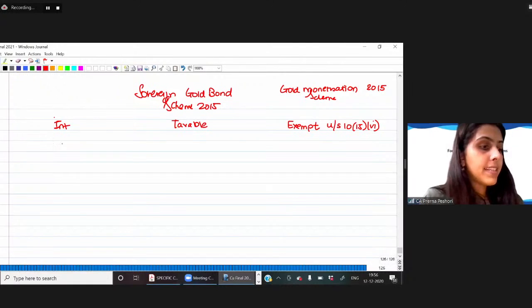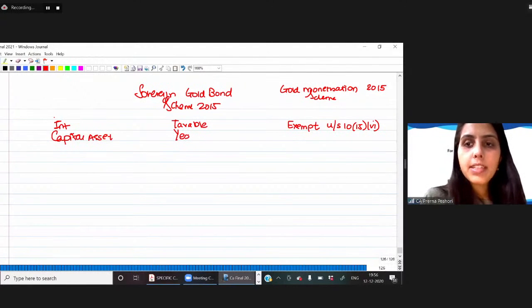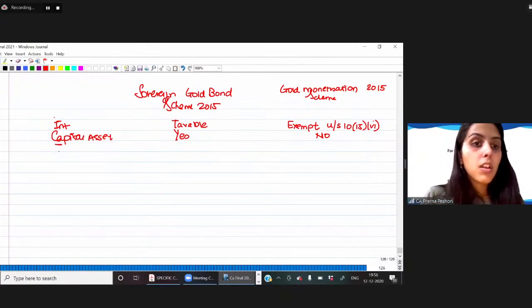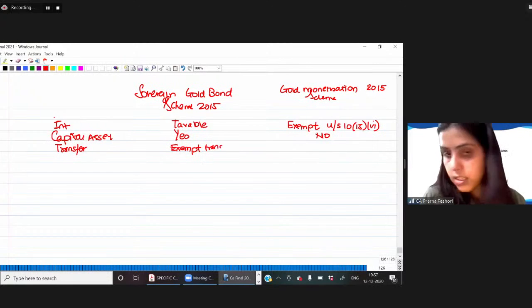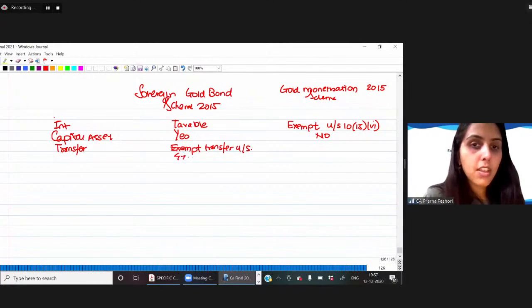The sovereign gold bond is treated as a capital asset, whereas the gold monetization scheme is not treated as a capital asset itself. Transfer, here it is an exempt transfer, as I said, under section 47(7)(c).